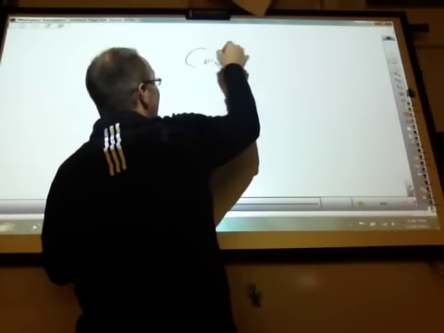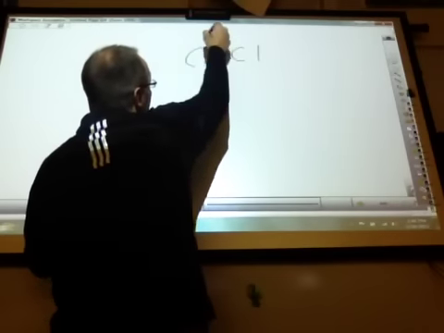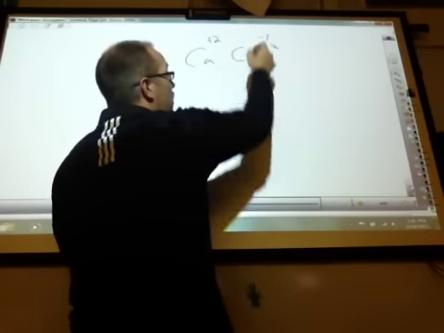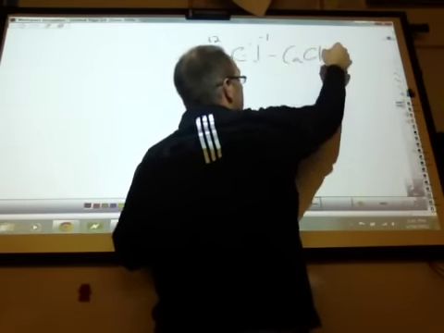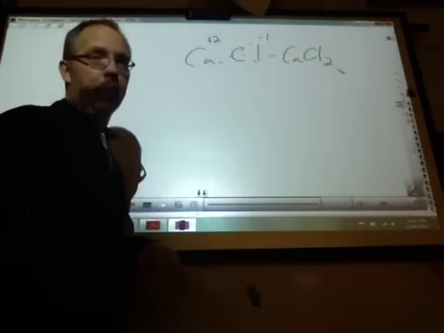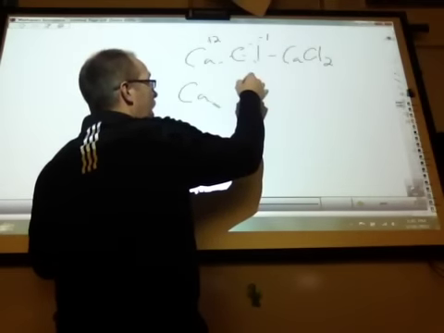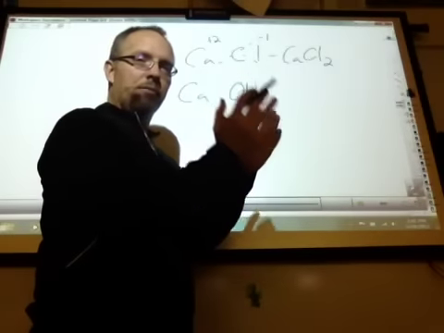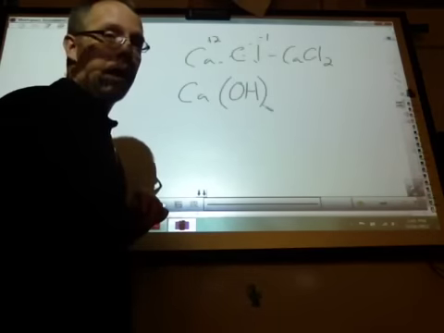If I had Ca and Cl, and I tried to make a compound, I'd look at calcium's charge as a +2, chlorine's charge as a -1. I'd cross those charges, and the compound would be CaCl2. Okay? But what if I came across Ca and I came across OH? OH is a collective group, and so we use parentheses to indicate that polyatomic ion.